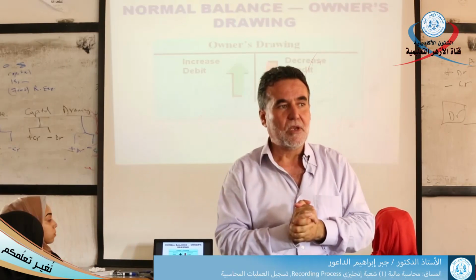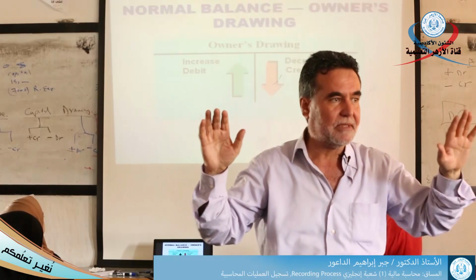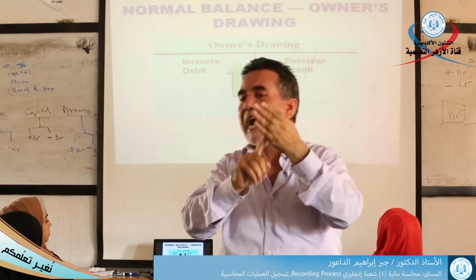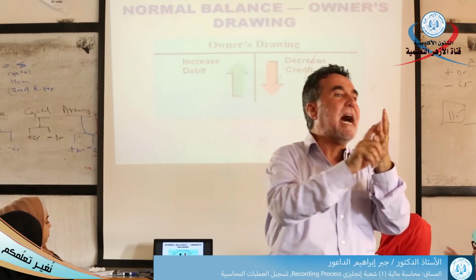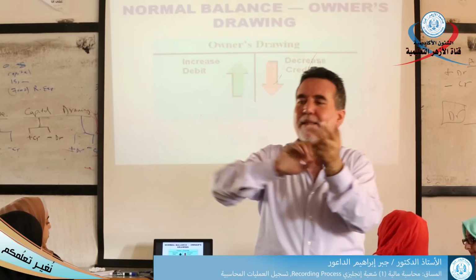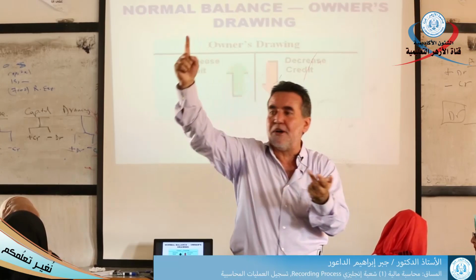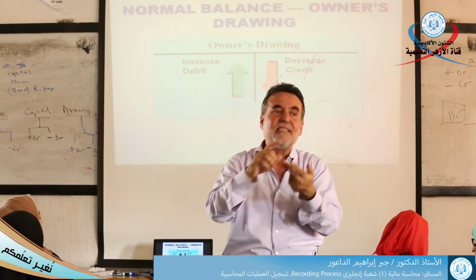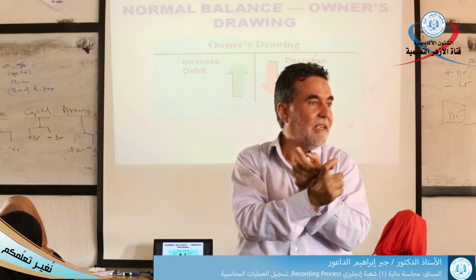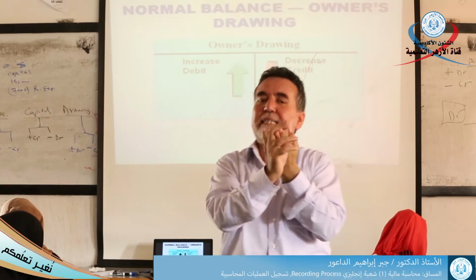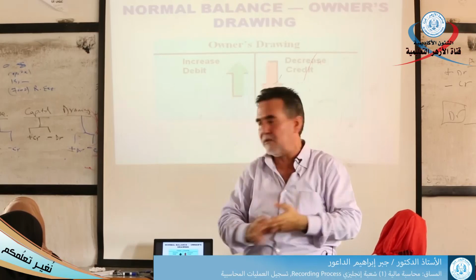Owner's equity: we have 4 items. Capital and revenue are the same, because they increase the owner's equity, whereas expenses and drawings decrease the owner's equity.